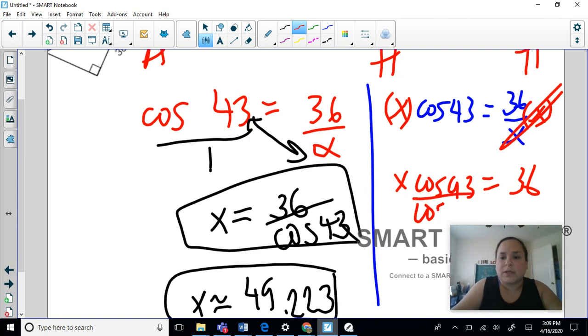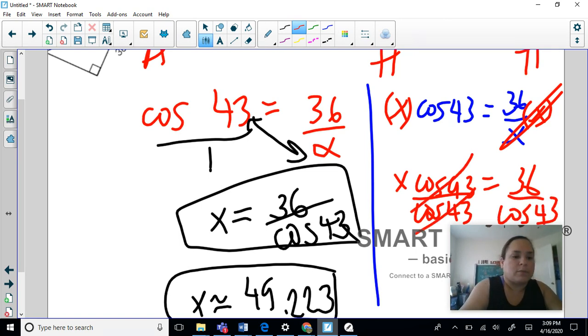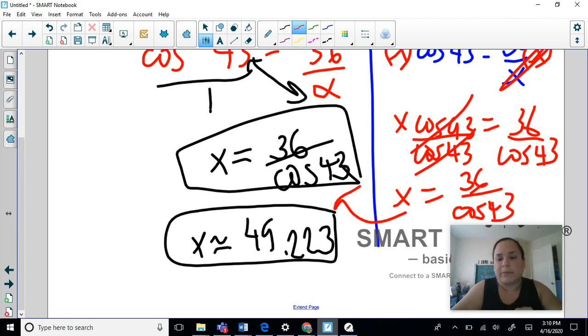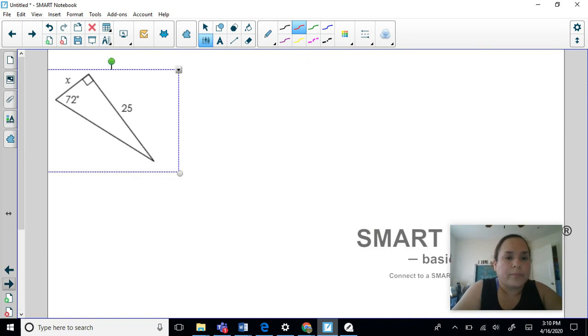Then divide both sides by cosine of 43. These cosines of 43 simplify to leave you just x equals 36 divided by cosine of 43. Okay, and you see you get the same answer over there.